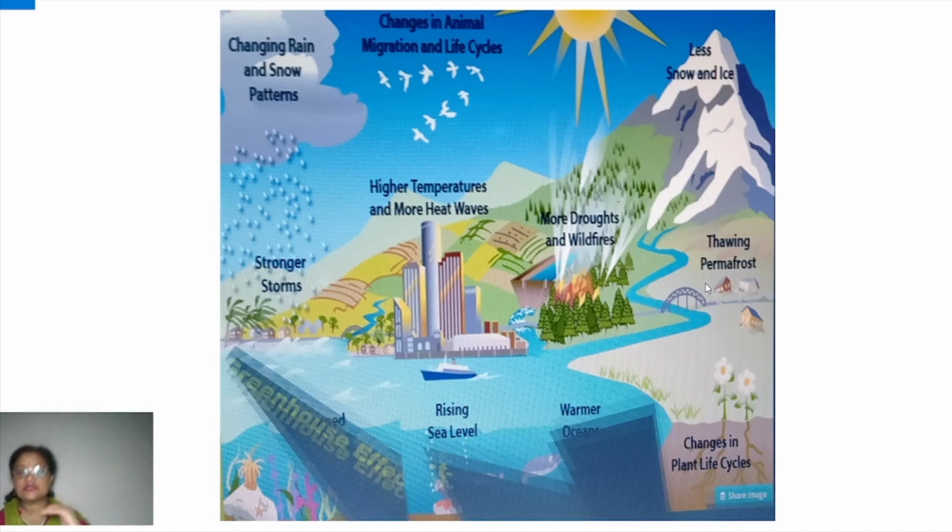The constant emission of the various greenhouse gases should be reduced. Chlorofluorocarbons, this type of gases should be reduced to a great extent, or we can find some substitute which can be used in refrigeration and air conditioners. Less use of vehicles.